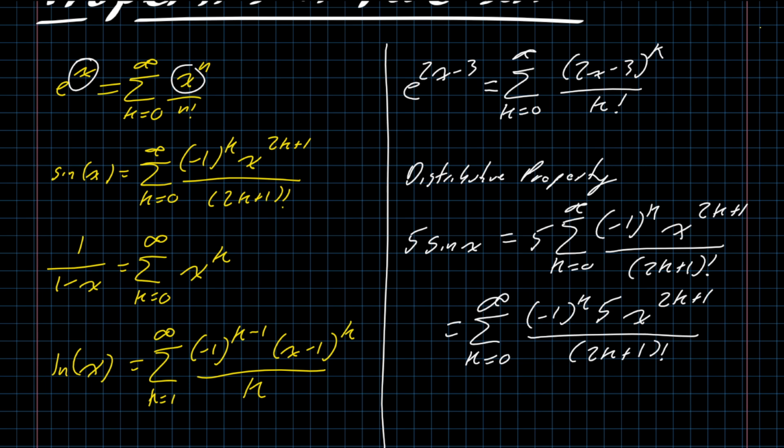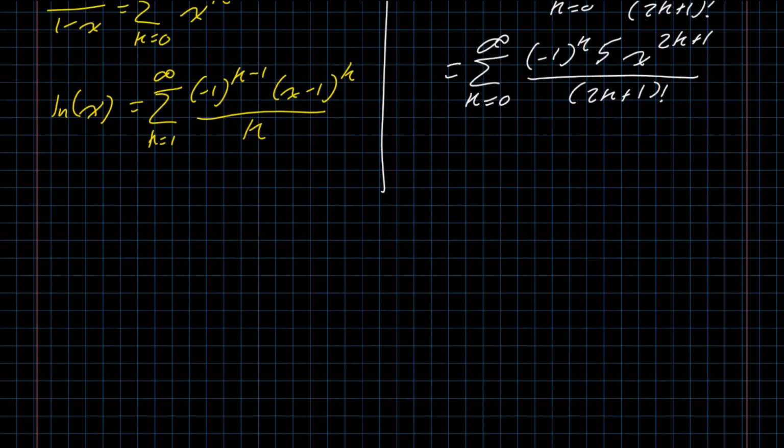So we can very directly use skills in algebra in order to rewrite these summations and develop our new ones. Other thing that I want to mention is kind of related to that. We can classify power series as being like or unlike.